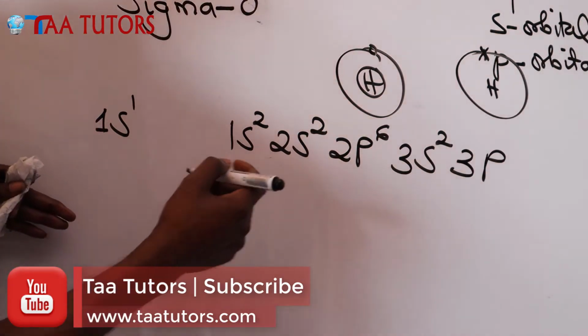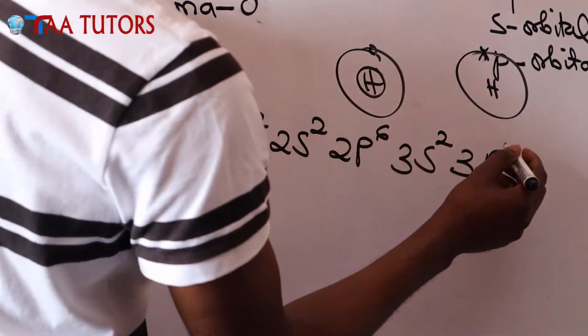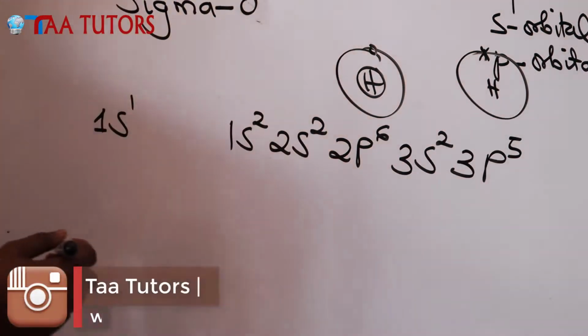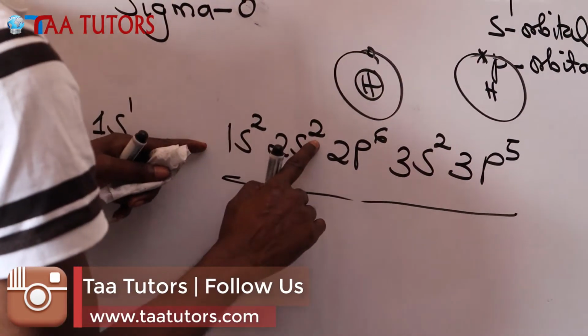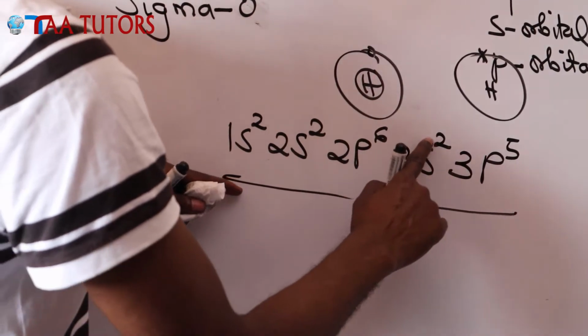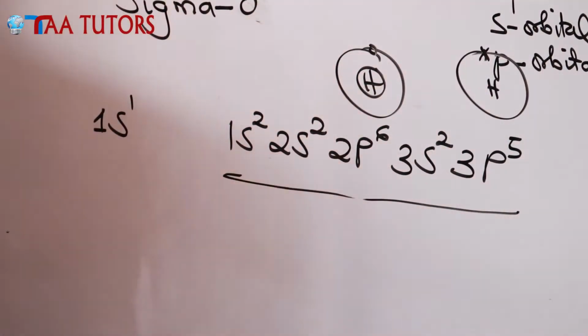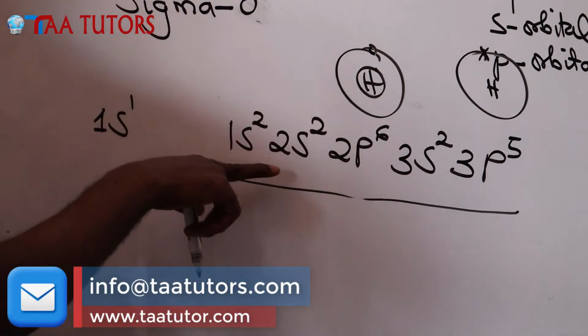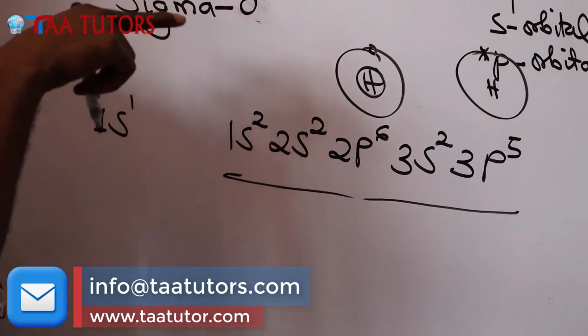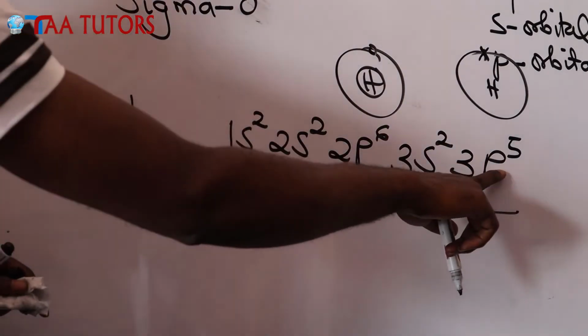You know the outer shell has 7 electrons, so 3p5 here. This is the electronic configuration of chlorine. We have 2 plus 2 is 4, plus 6 is 10, plus 2 plus 5 is 17. So realize that the outer energy shell is in the p orbital, not s.